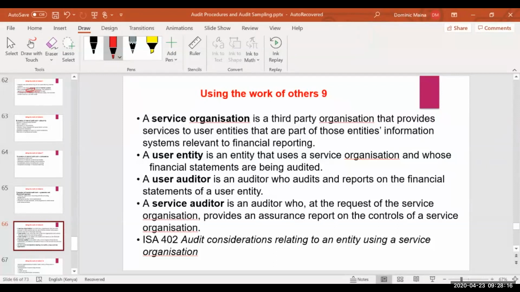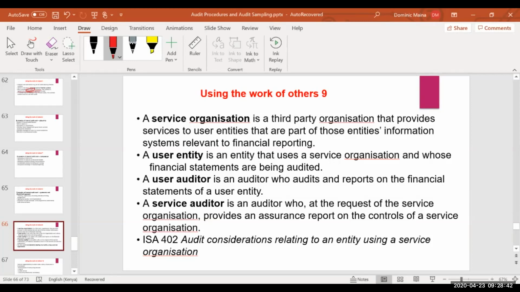Don't forget this is not a management expert. Essentially, they're providing an accounting service to the entity, and the work they're providing has an impact on how the company is preparing those financial statements.